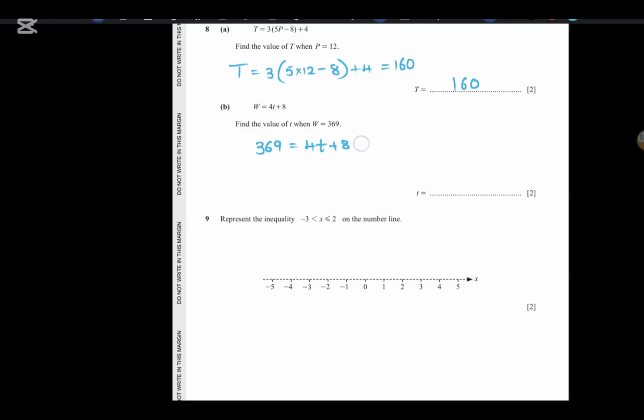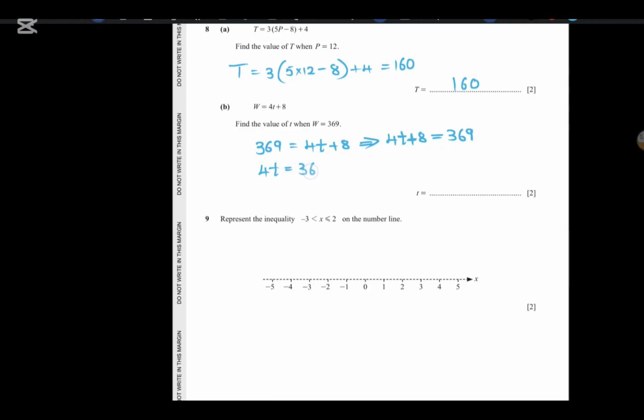We need to find the value of t, so flip the equation, changing LHS and RHS to RHS and LHS like this. Now the term with t is 4t here, and 8 is the constant. First bring that constant to the left hand side.